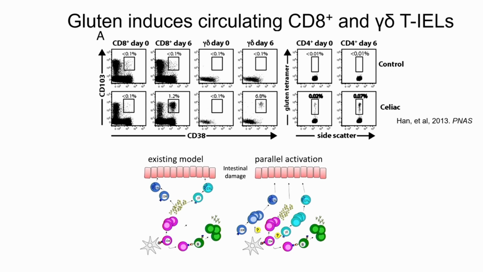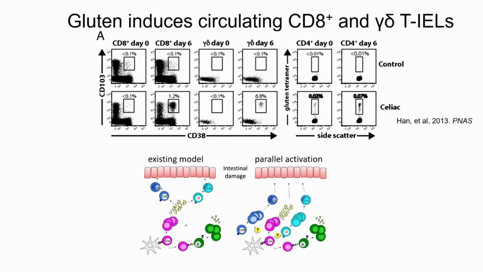Another reason why this is really interesting as an immunologist is that, despite many years of research, nobody has shown that these IELs actually recognize gluten themselves. So the question is, how are you getting such rapid activation by dietary gluten of CD8 and gamma delta T cells, IELs, that don't recognize gluten?